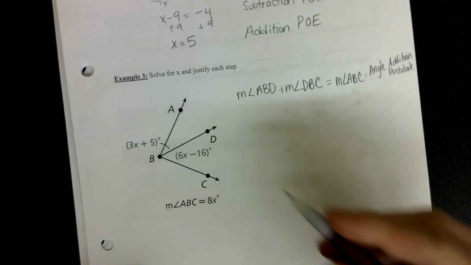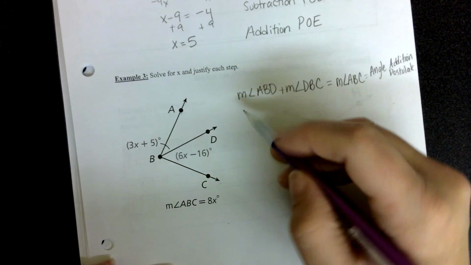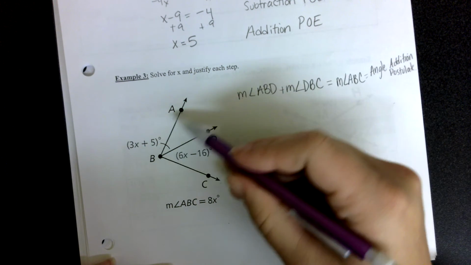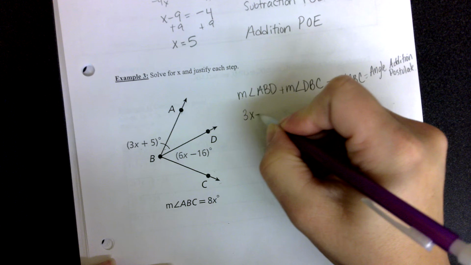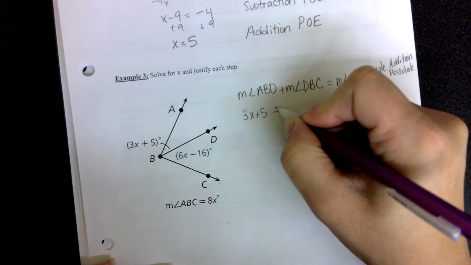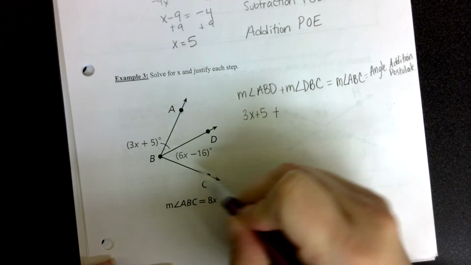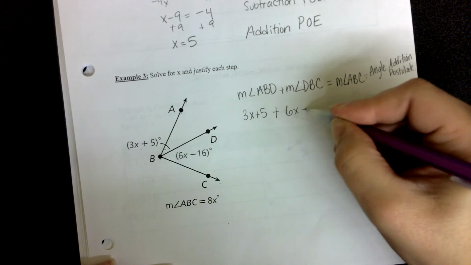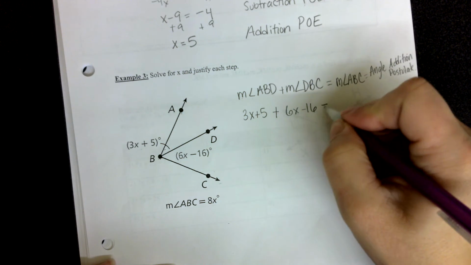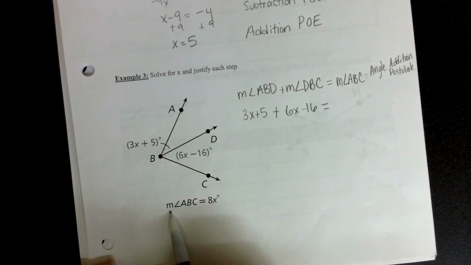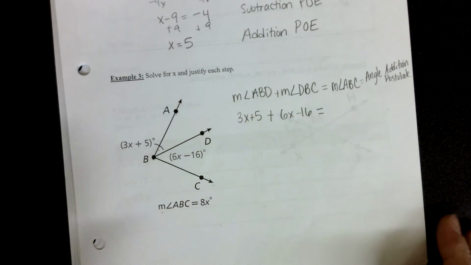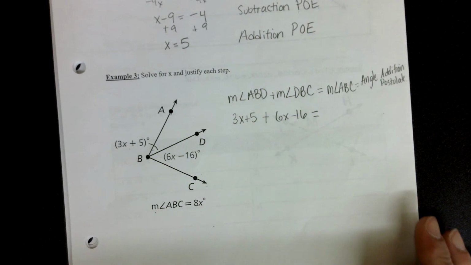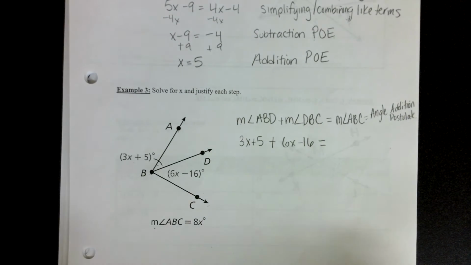Then we're going to put in the values. We're going to substitute in the values. So the measure of angle ABD, it tells us is 3x plus 5, plus the measure of angle DBC is 6x minus 16 equals, and it tells us right down here, the measure of angle ABC equals x.